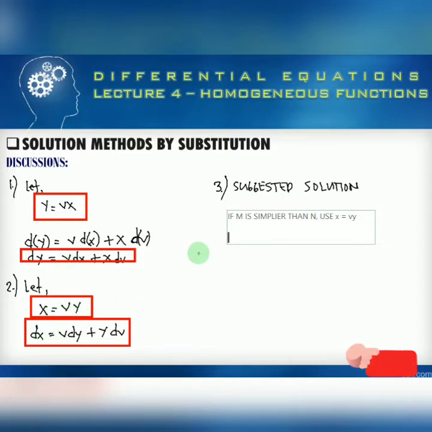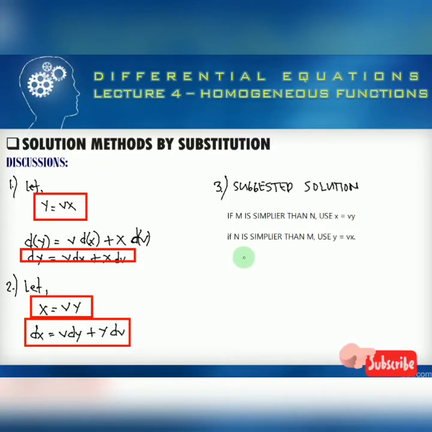But if n is simpler than m, you are going to use y equal to bx. So this is now our third method, which we consider our suggested solution.